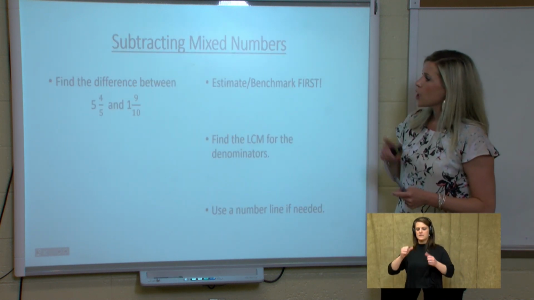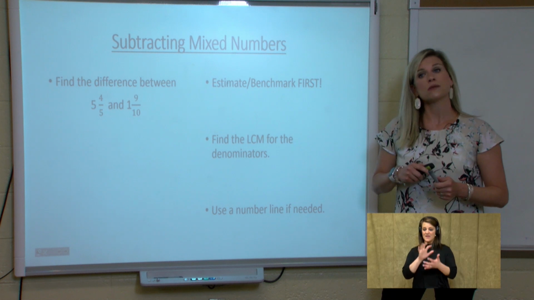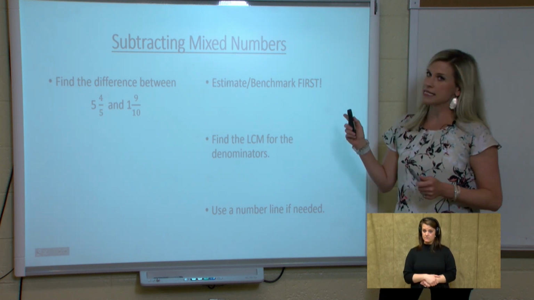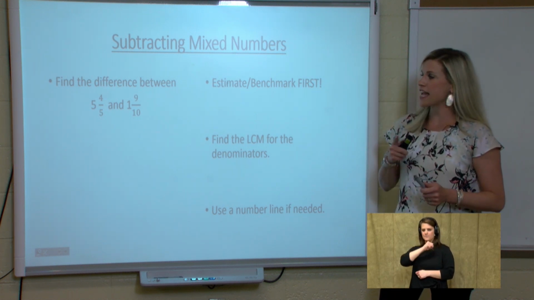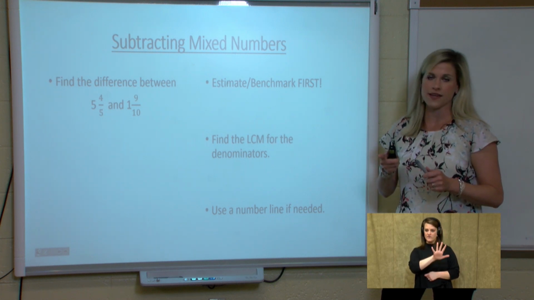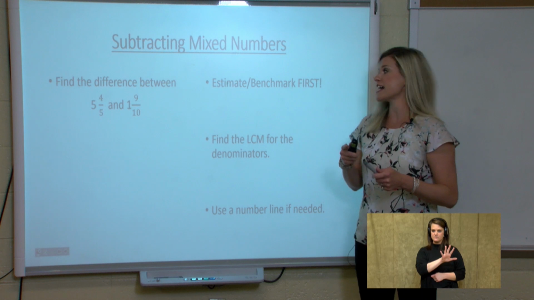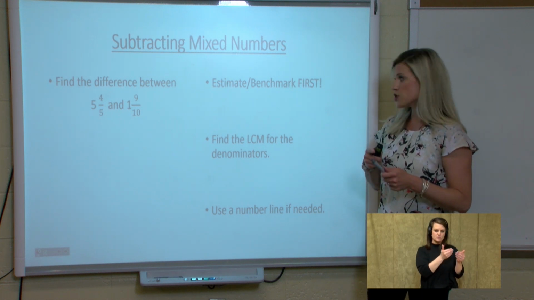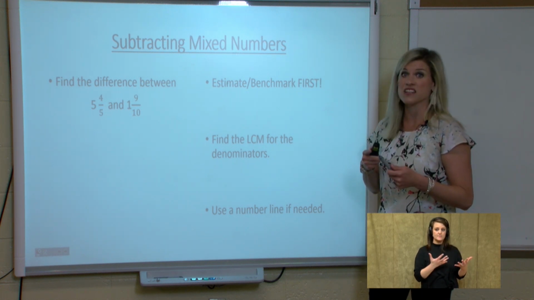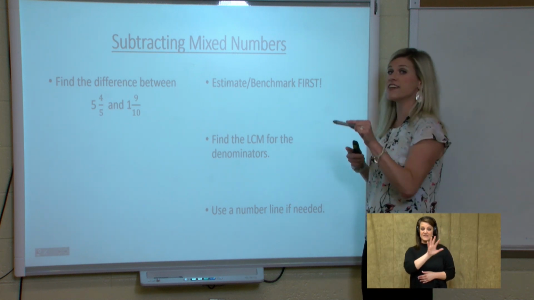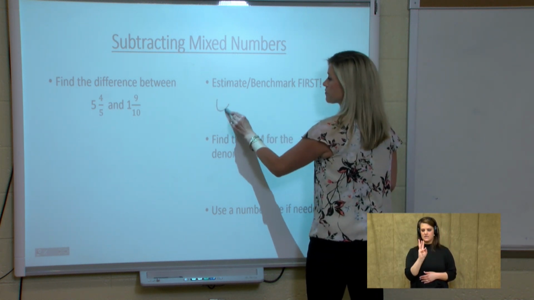All right? What about this one with mixed numbers? Let's first estimate what we see. 5 and 4/5. When I think of 5 and 4/5, I think that's very, very close to what? 6. Yeah, because 5 and 5/5 would be 6.